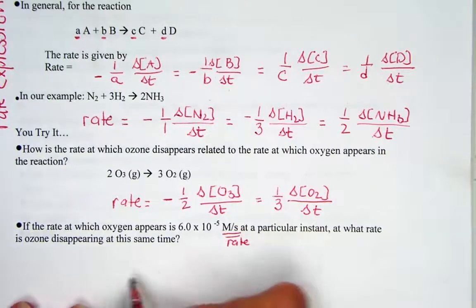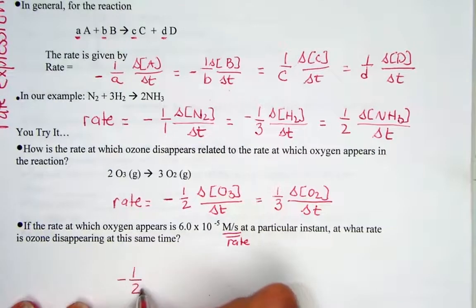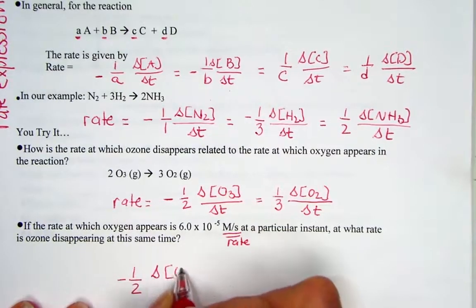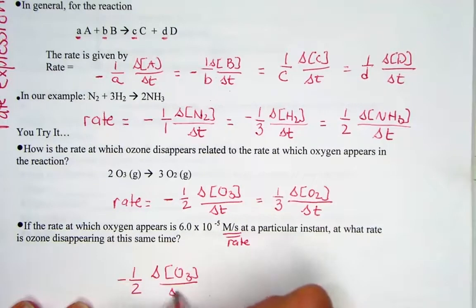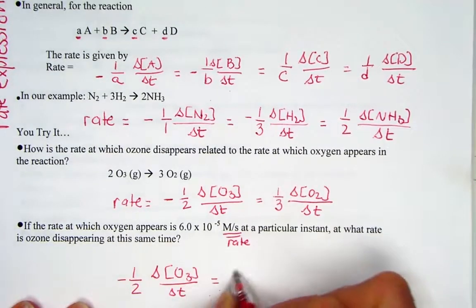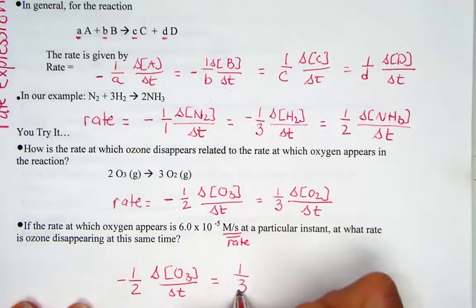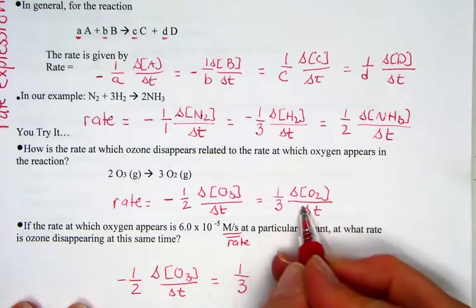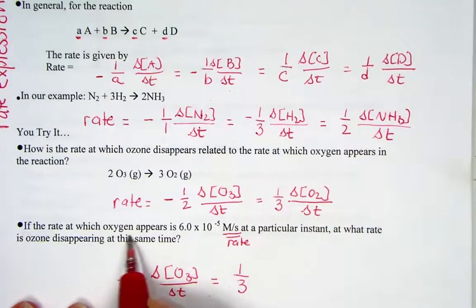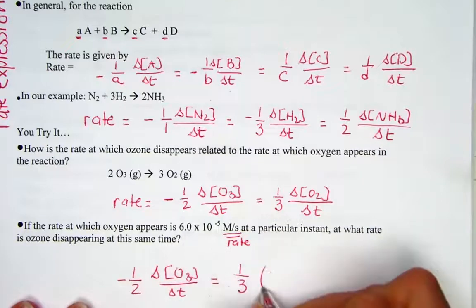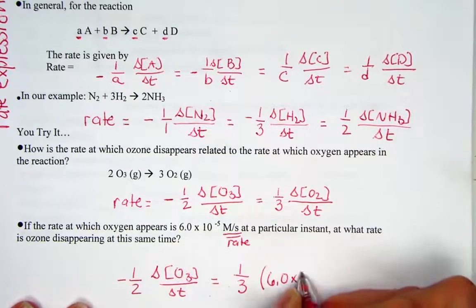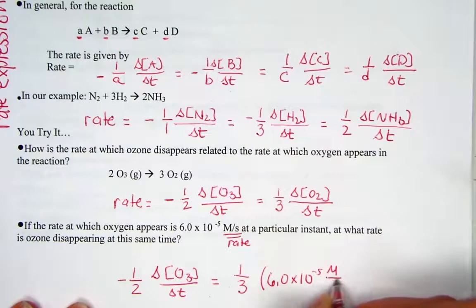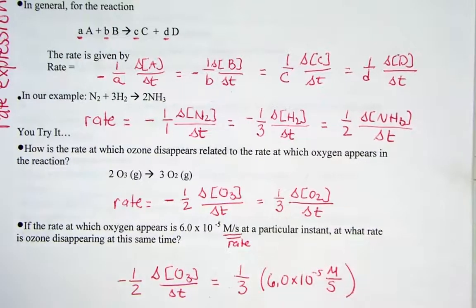Well, here's what we know. Negative 1/2 times the change in concentration of ozone over change in time is set equal to 1/3 the rate of appearance of oxygen. That rate of appearance is given to us as 6.0 times 10 to the negative 5th molarity per second. That's the unit for rate.